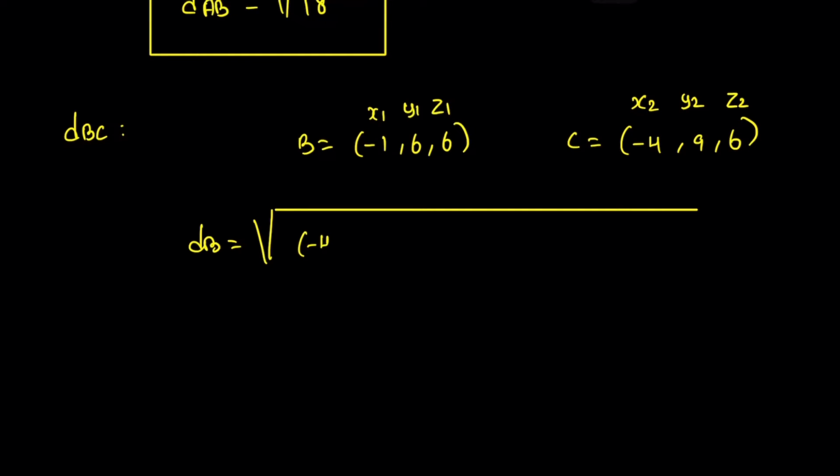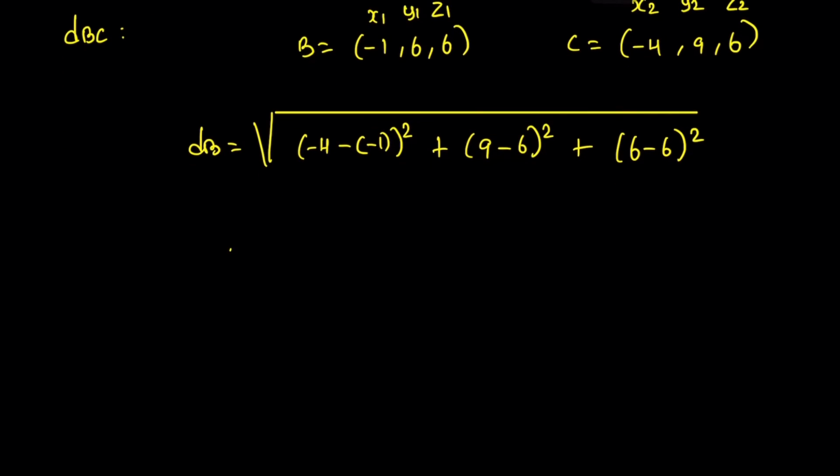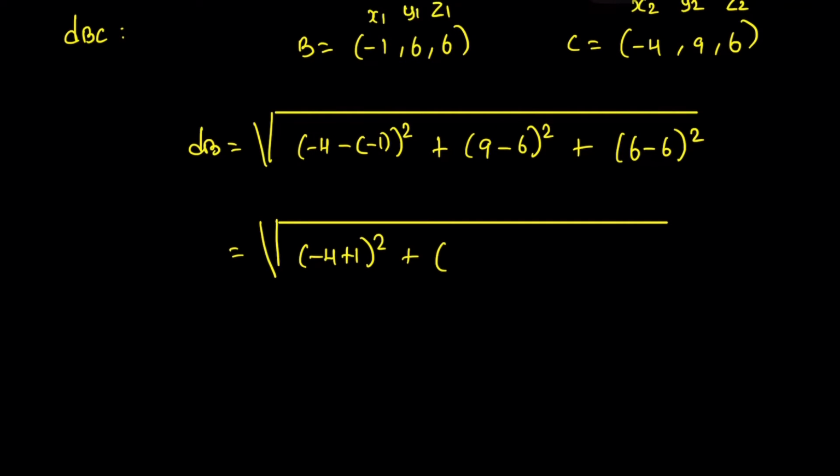So -4 minus -1, then square, plus y2 minus y1, so 9 minus 6, then square, plus 6 minus 6, then square. Minus of minus is positive, so -4 plus 1, then square, and 3 square, then 0 power 2.